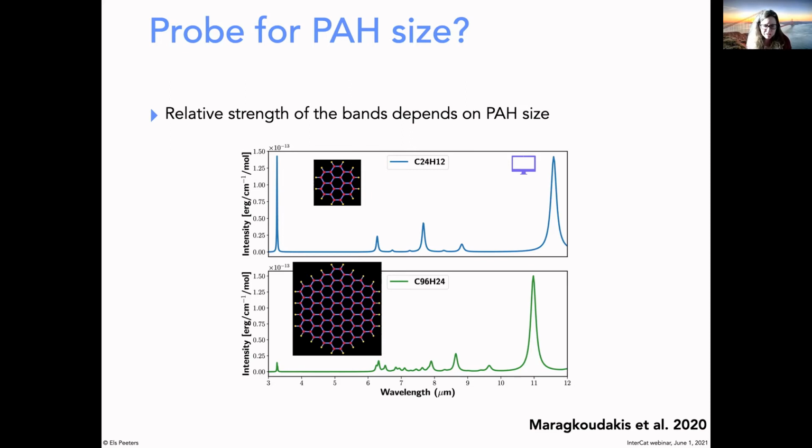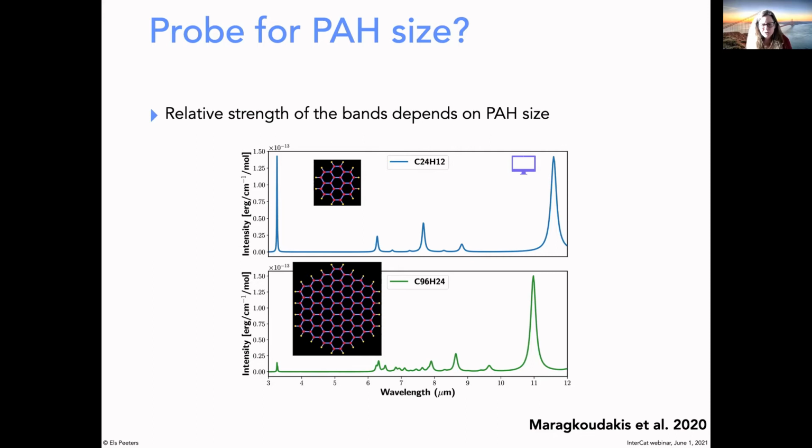And so you can see that in these two spectra here very clearly, if you just compare the 3.3 on the left-hand side versus the 11.2, and you can see for the small PAH that the peak intensity ratio is very similar, compared to the large PAH molecule shown here. Most of the emission is emitted at longer wavelengths. And so the relative strength of the PAH band depends on the size.